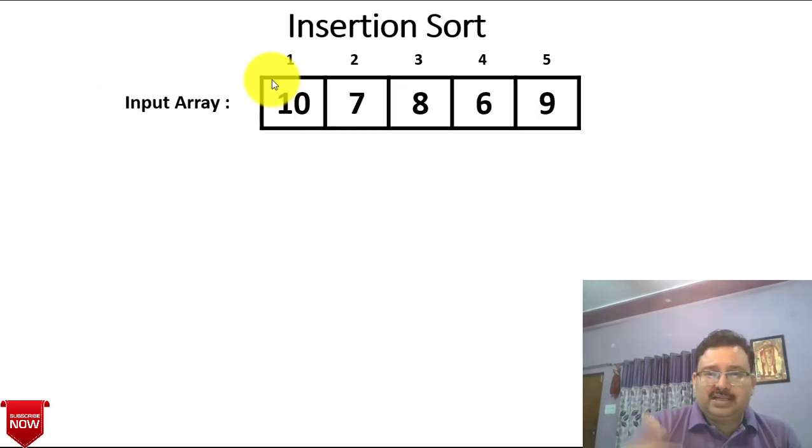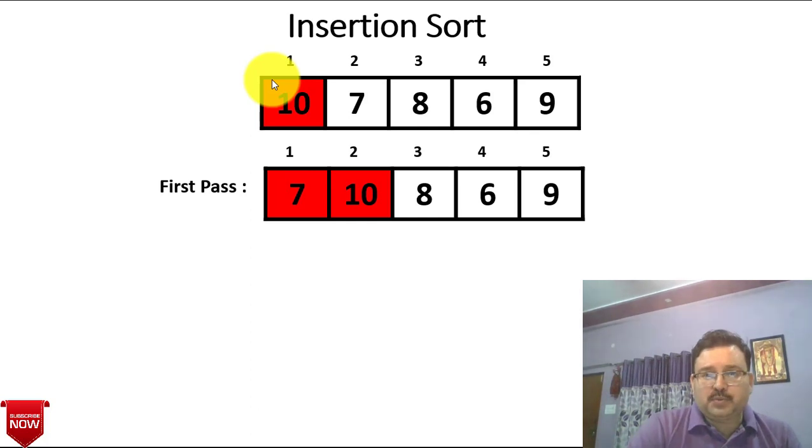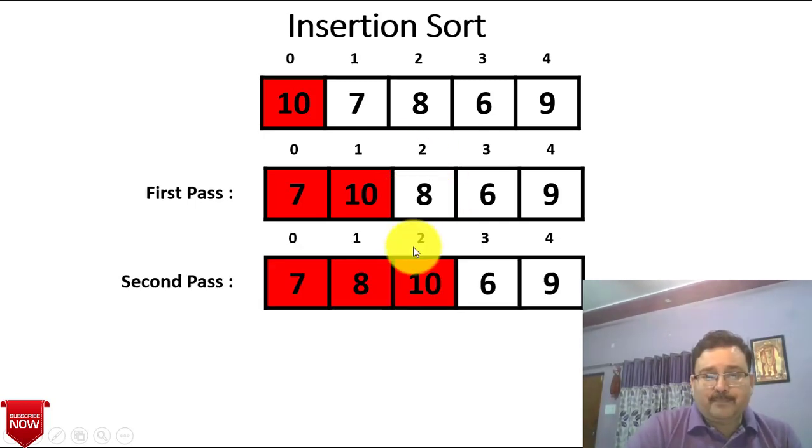Now we can see in a fast way, this was the input and this was the first pass, and on the left side we are seeing the already sorted array, and the next item comes. So we apply, just like linear search, we look at the position where that value can fit. So here we can see 8 is placed in between 7 and 10 in the second pass.